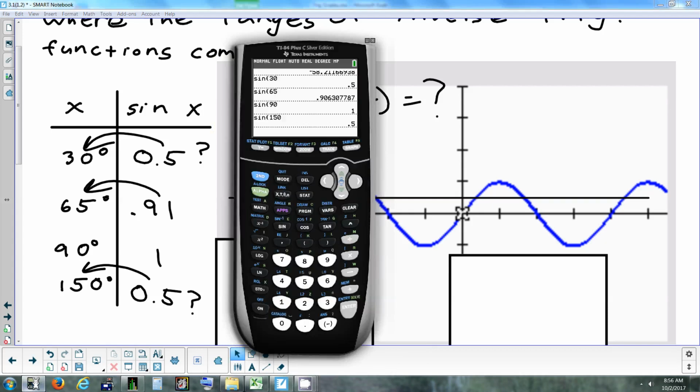So technically, I could find another answer that also has the sine with an answer of 0.5. I could do 390. There's another one. So now I got 390, 150, and 30. All have that answer of 0.5. But we only want to have one.